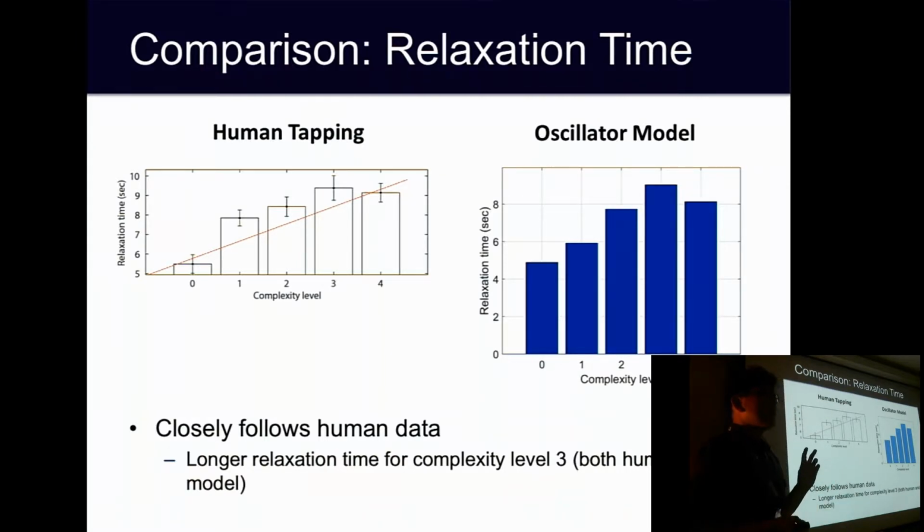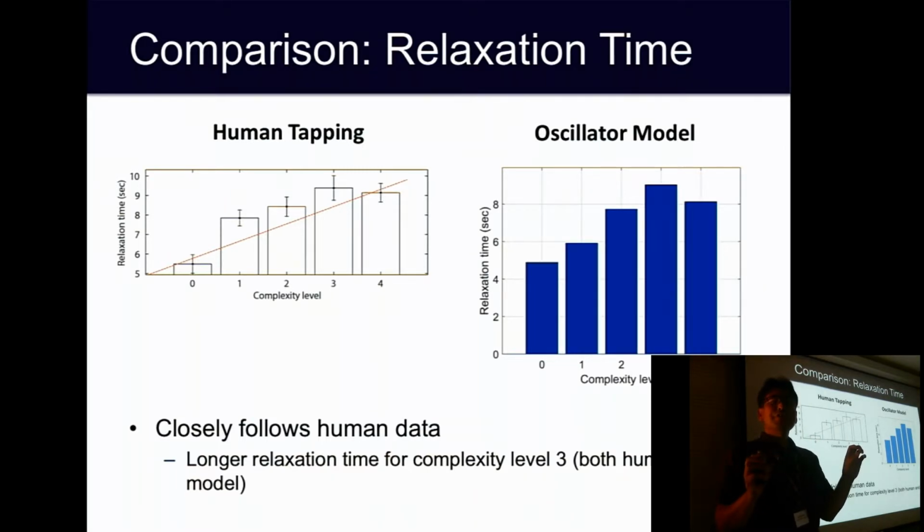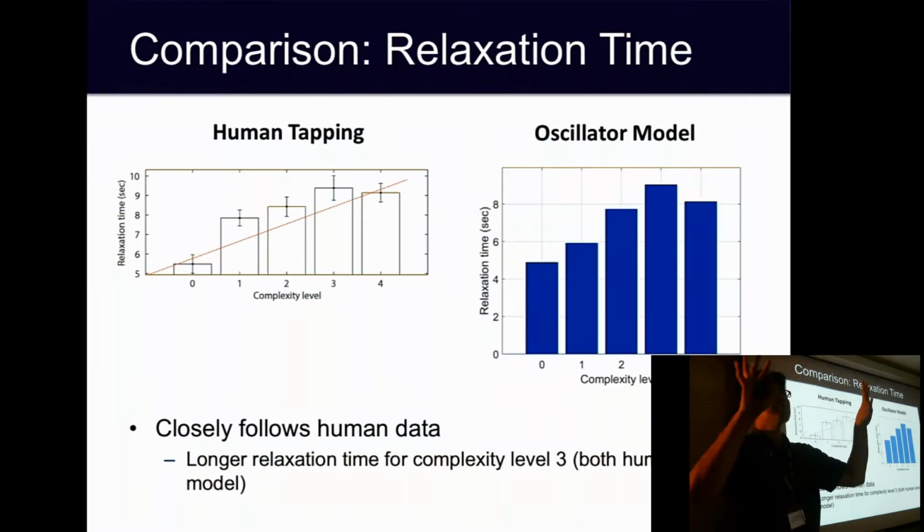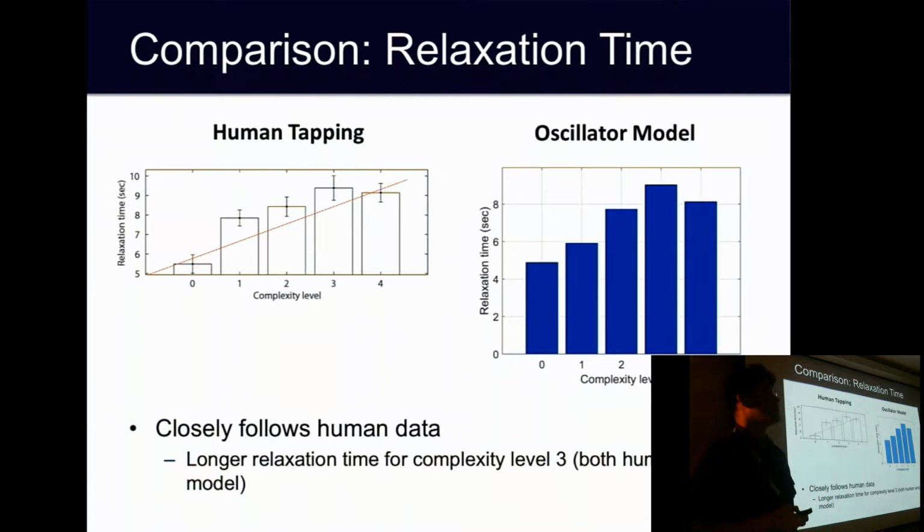The reason is, at level 4, you have 2 equally strong attractors, so oscillators can be drawn to whichever attractor is closer without any hesitation. But at complexity level 3, you have a stronger attractor here and a weaker attractor here. So some oscillators starting closer to the weaker attractor can hesitate before finally being attracted to the stronger attractor. That makes the relaxation time longer for complexity level 3 than for level 4.